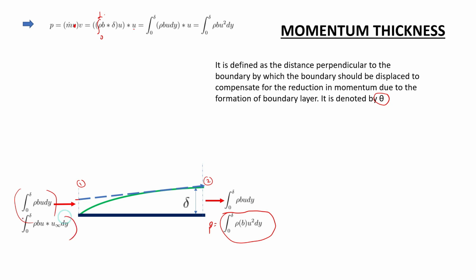Now what will be the momentum at section 1? This is equal to the integral of rho b u into u infinity dy from 0 to delta, because here the velocity is actually u infinity, the free stream velocity. That is why we have written it as u infinity.